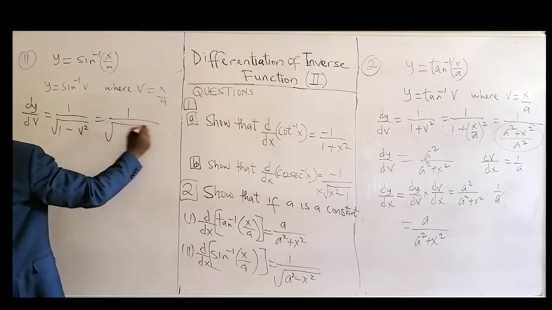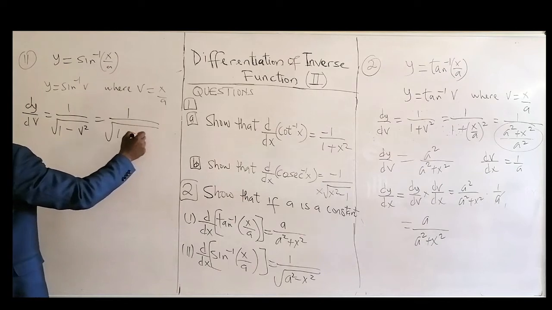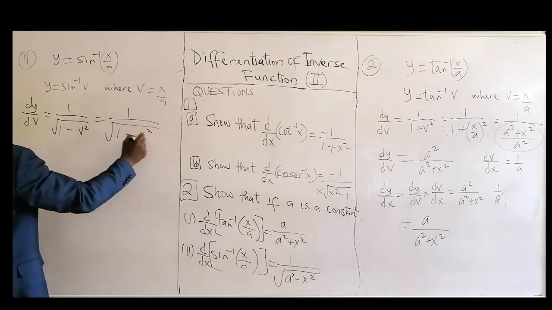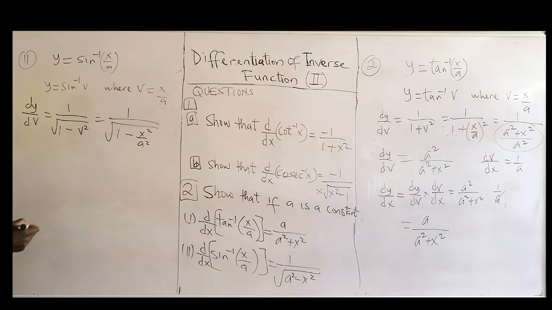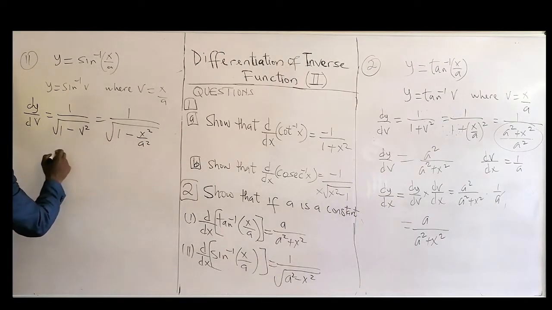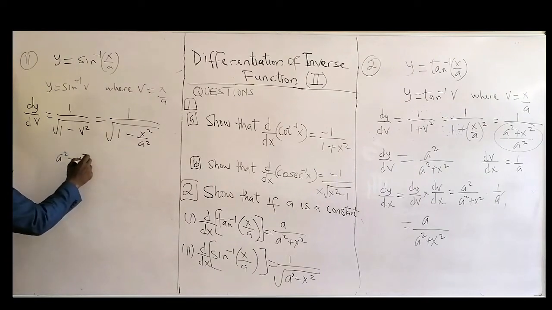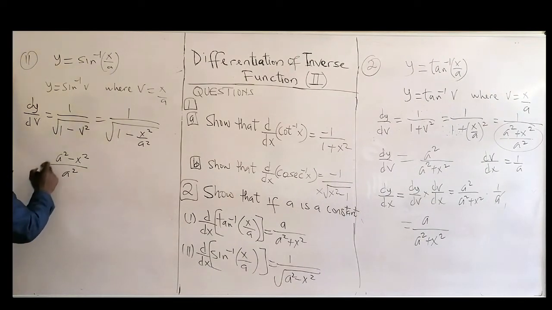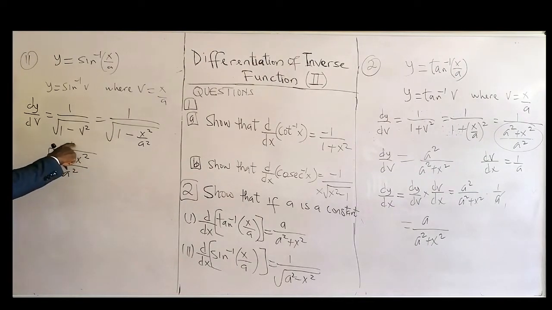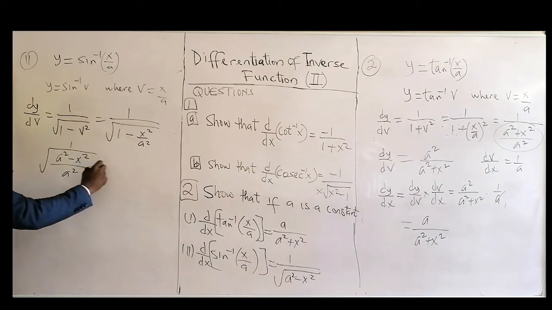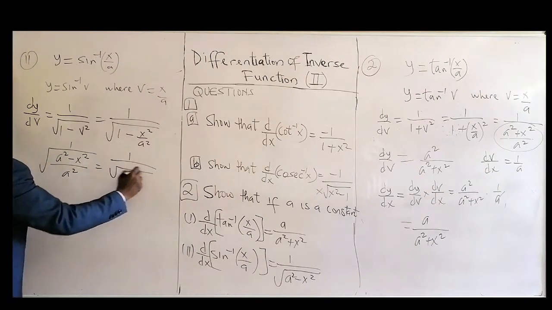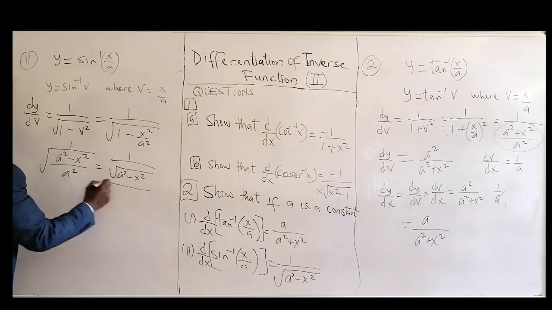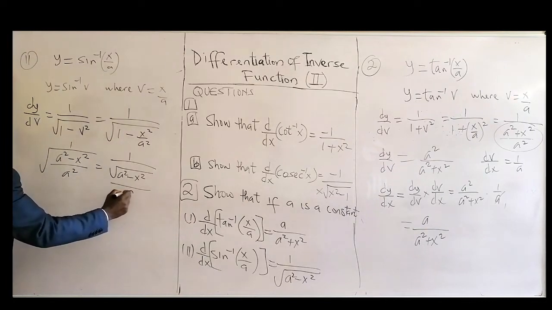1 over the square root of 1 minus, my v is what? v squared, that will be x squared over a squared. So if we solve it, it will be this one times this one. That's a squared minus x squared over a squared. Okay, square root. They have one on top. So with this one on top now, it will flip upside down, and don't forget this will be equal to 1 over the square root of a squared minus x squared, over a squared.